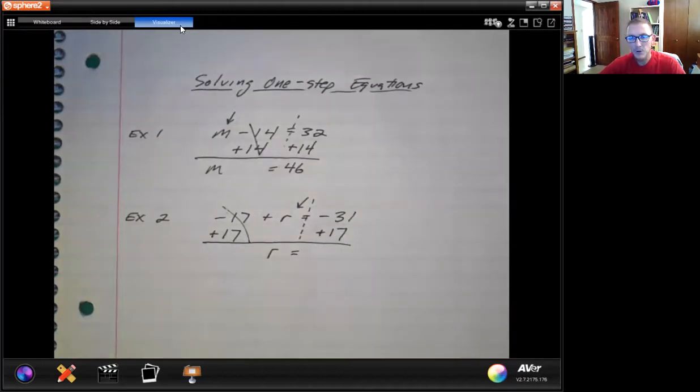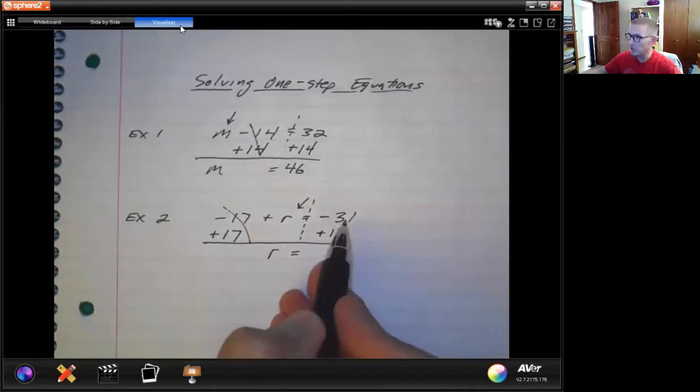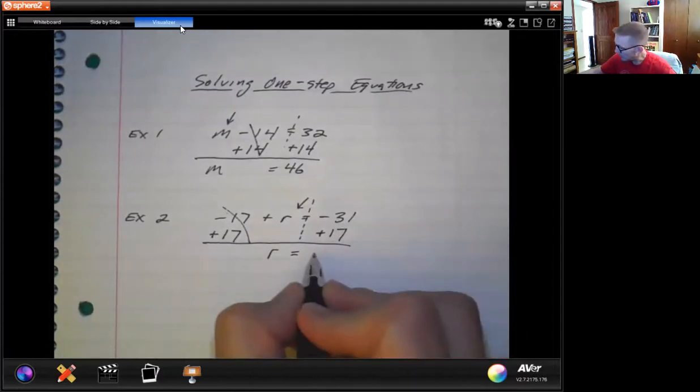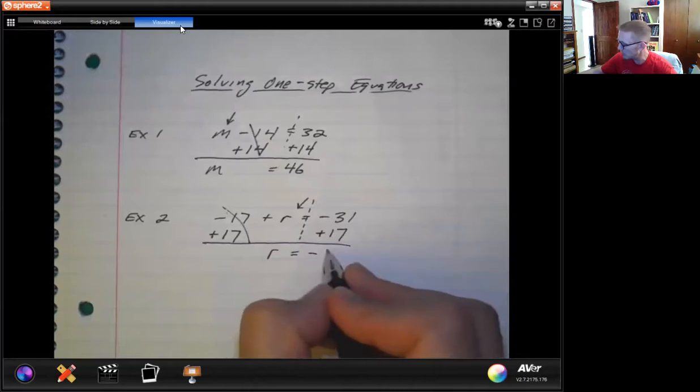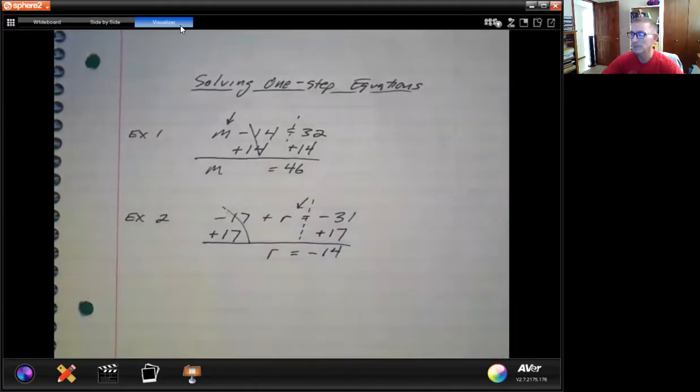If I have a negative 31 and a positive 17, those are different signs. So I'm going to subtract and keep the sign of the larger number. The larger number is 31, so it wins. And when I subtract those, a negative 31 and a positive 17 is going to make negative 14. My r is alone and r equals negative 14.